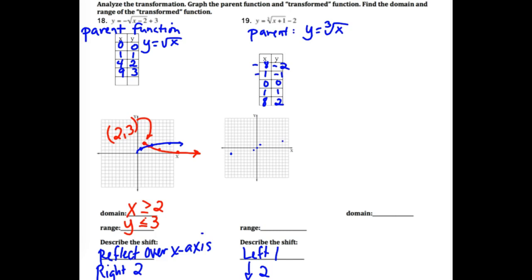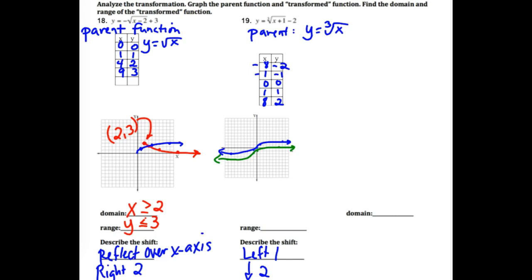All right, so shifting. We need to move left 1 and down 2. So every dot, we're going to move left 1 and down 2. All right, so my new curve is going to look like this. And my old curve was just slightly higher.